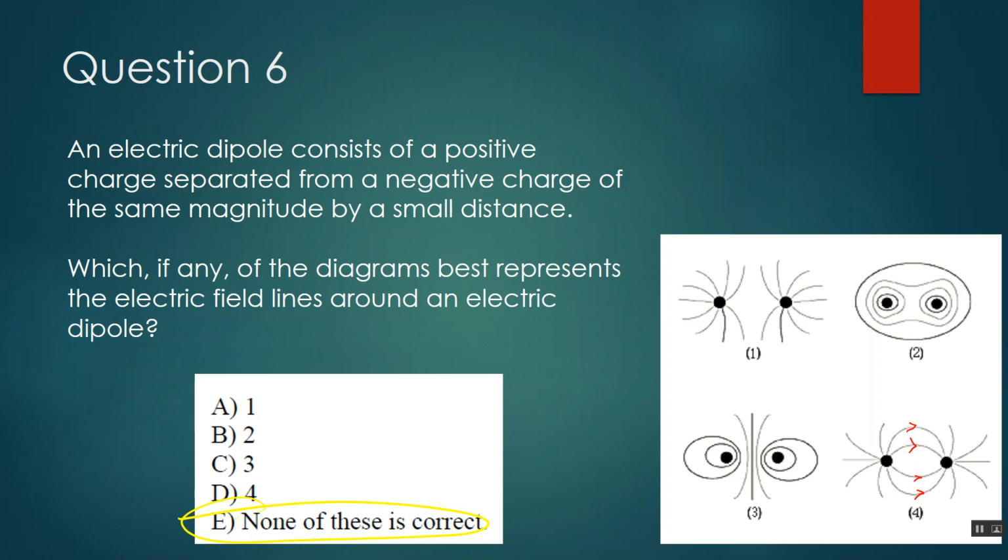If I were to ask you about potential or equipotential lines, what would it look like? 3? Everyone agree with 3? Really? That's 3.